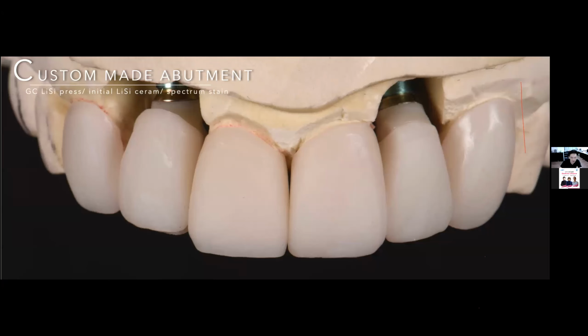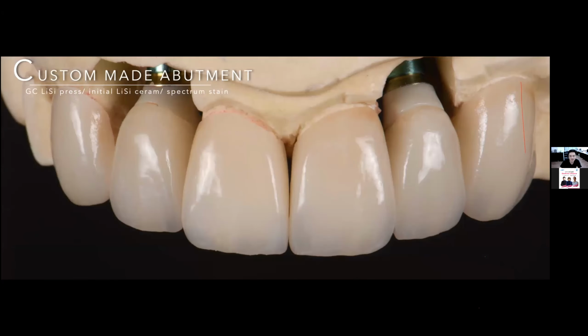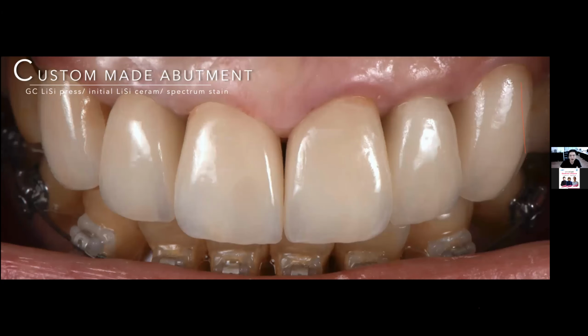and adjust and use porcelain to modify a little. It's very, very thin with external stain, and I finish this case. So I get the same situation. You can see 1-3 is the veneer, 1-2 is the implant crown, and 1-1 is the veneer, and 2-1 is the crown, and 2-2 is the implant crown, and 2-3 is also the crown.